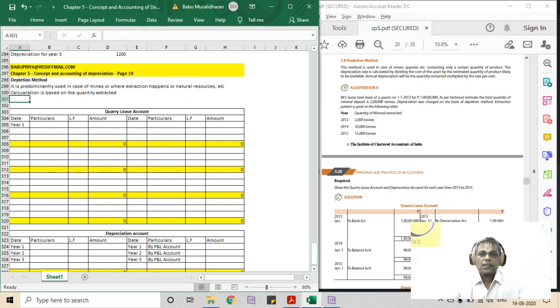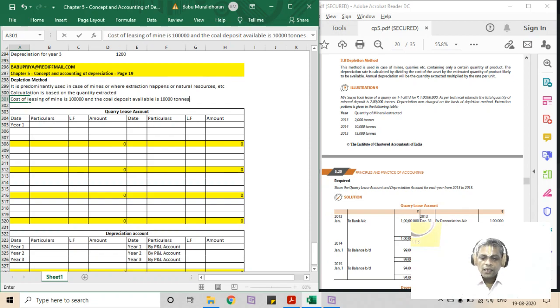Suppose the cost of leasing a mine is, say, 1 lakh, and the coal deposit available in the mine is, say, 10,000 tons, right? The extraction for year 1 is, say, 2,000 tons, and for year 2 it is 1,000 tons.